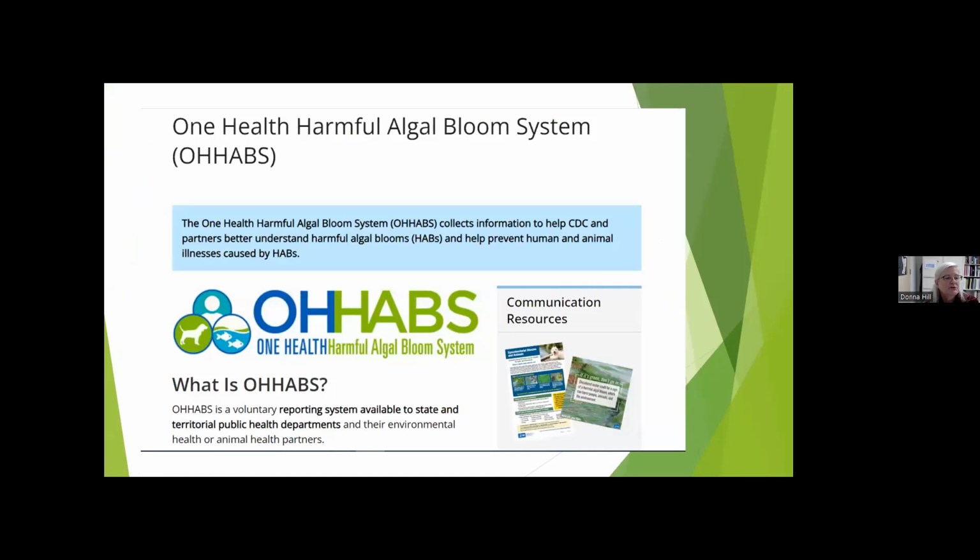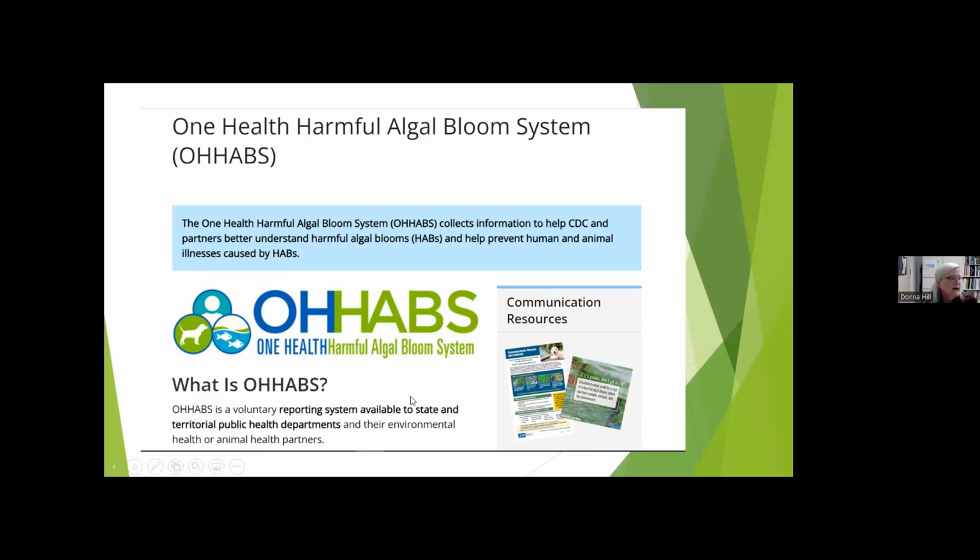So we have a national reporting system that CDC has. It's OHABs, the One Health Harmful Algal Bloom System, and the One Health approach, which I feel like most people are probably aware of. It's using multiple disciplines to approach health concerns that can affect humans, animals, and the environment.